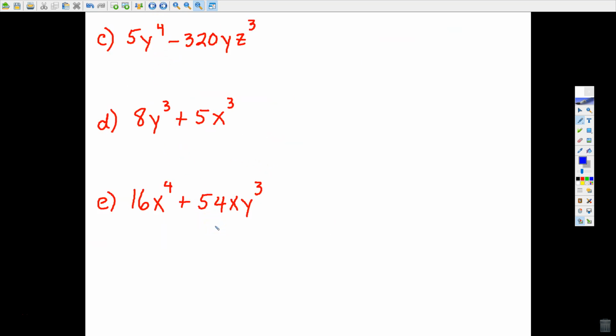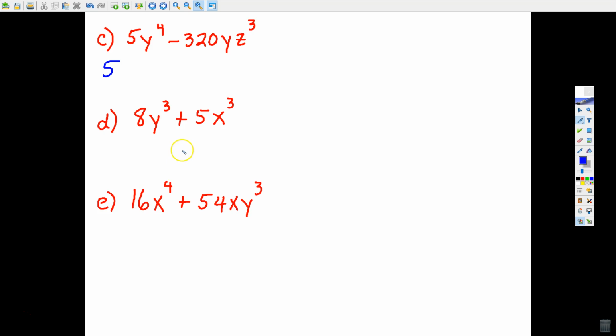Okay, letter C. What should I always check for first when factoring? GCF. You need to train yourself. Always look for a GCF first. Is there a GCF between the numbers 5 and 320? What would that be? What number, the largest number that goes into 5 and 320? 5, okay?